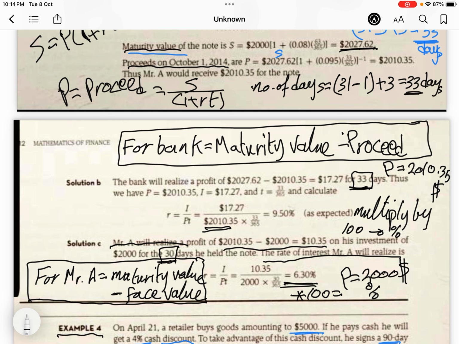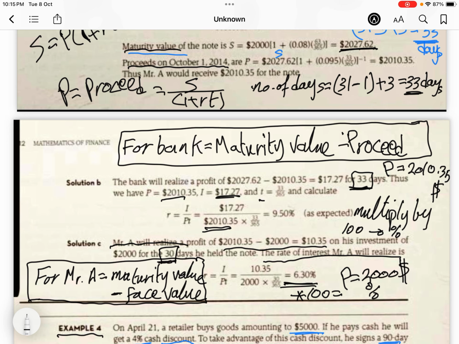Thus, B equals 2010.35, I equals 17.27, T equals 33 over 365.